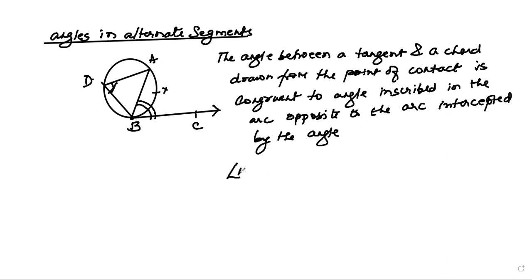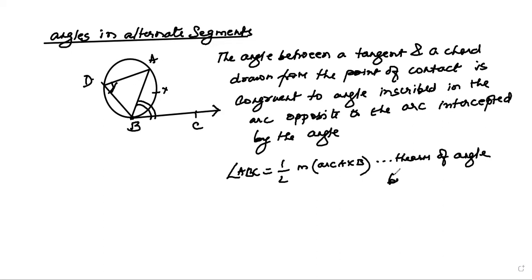Also, children, if you see, angle ABC is half the measure of arc AXB by the theorem of angle between tangent and secant. Angle ADB is an inscribed angle, and it is always half the measure of arc AXB.